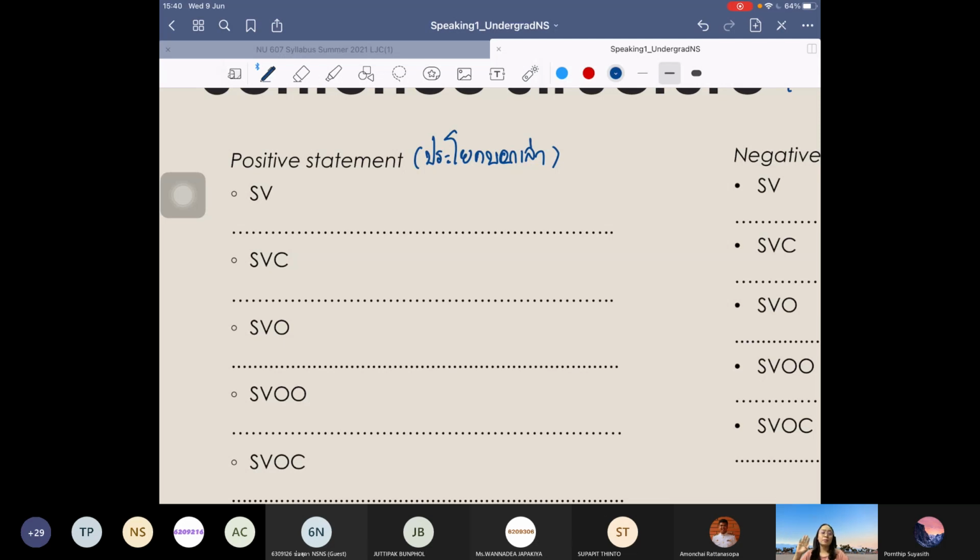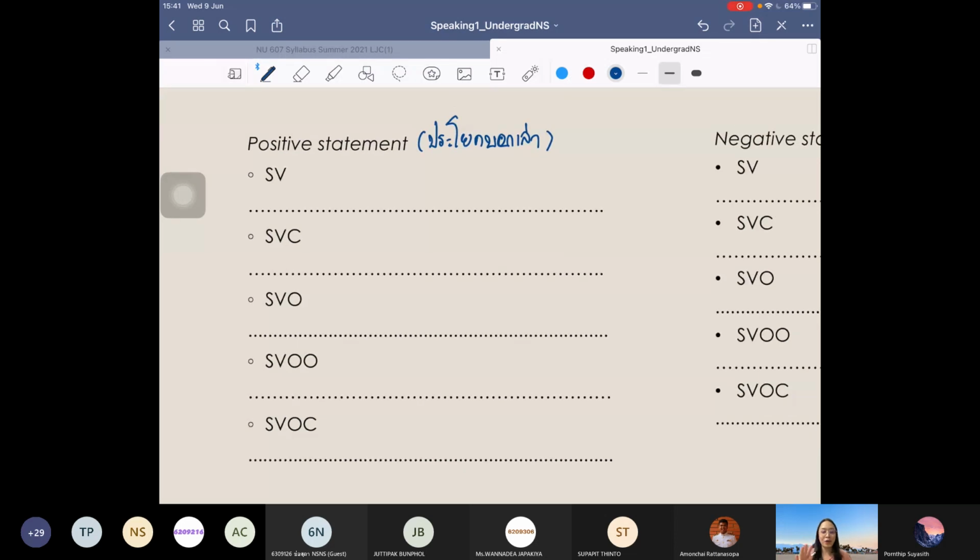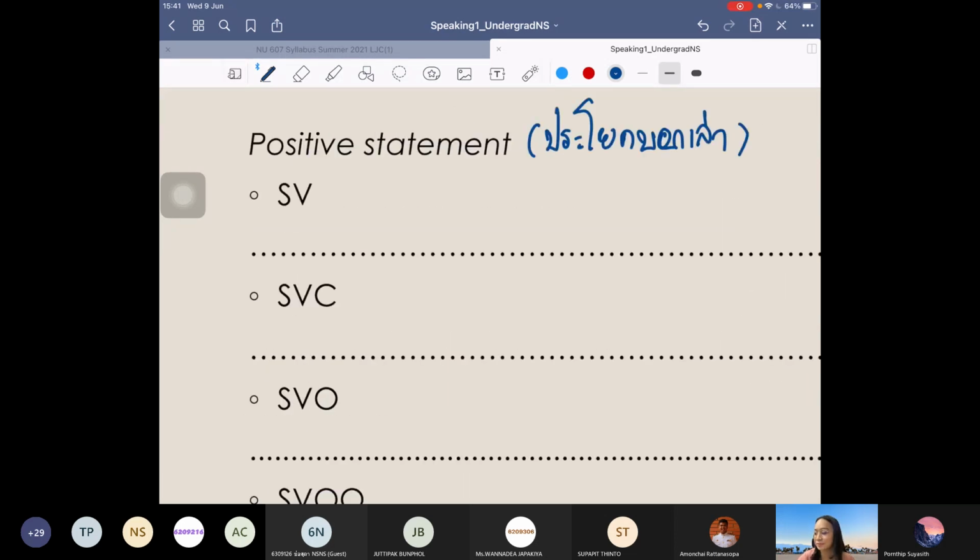But at the most basic core of the structure, we only have 5 types of sentence. The first is a sentence with only a subject and a verb, for example, I run. C is the complement. What is a complement? A complement is a noun or an adjective.